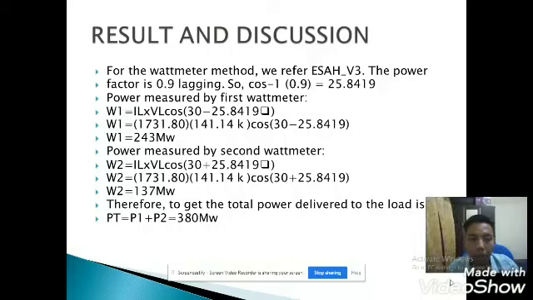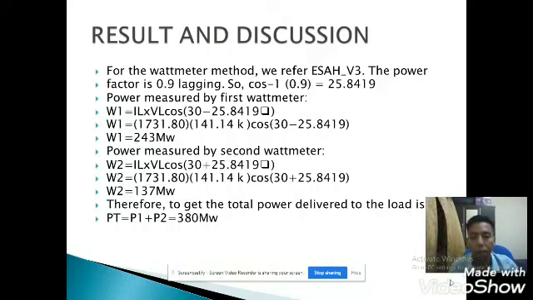So the result is 243 megawatt. Power measured by the second wattmeter, W2, is with the same formula, which is IL multiplied with VL cos 30 plus 25.8419. We get 137 megawatt.